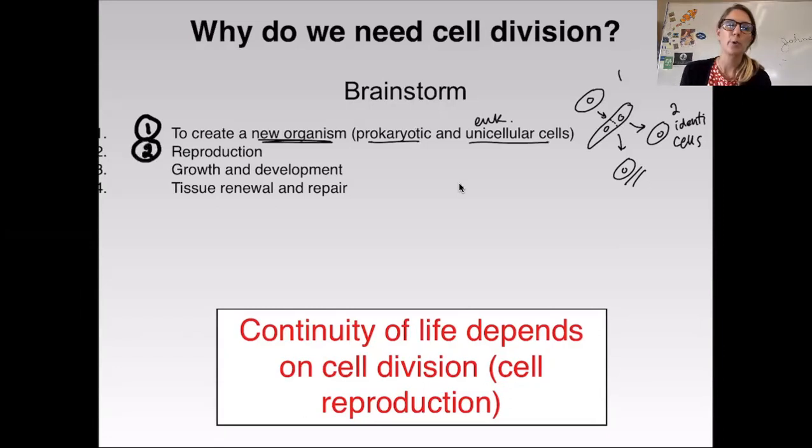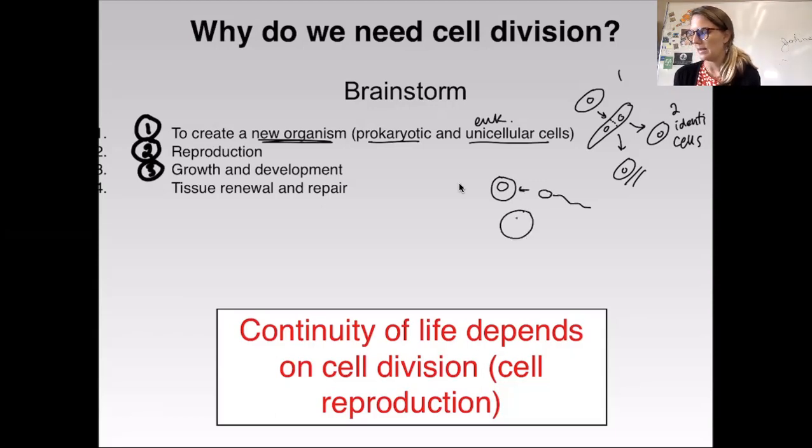The second one is reproduction. We need to reproduce, or we need to make more cells. The third reason is that you need to grow and develop. So for example, when your mom had an egg and your dad had a sperm and these came together, you had a fertilized egg.